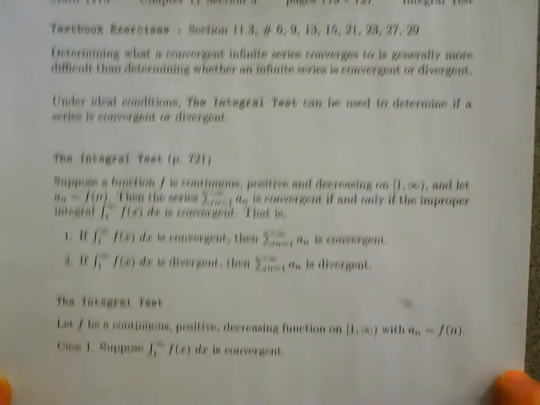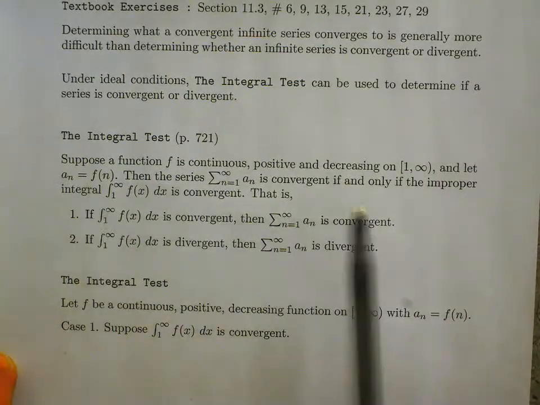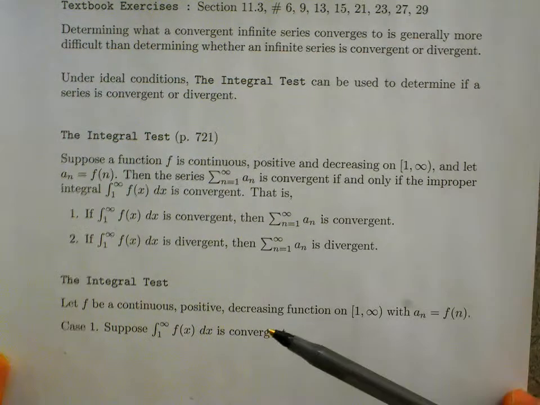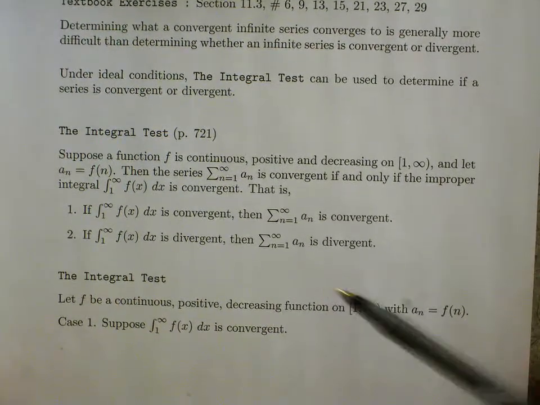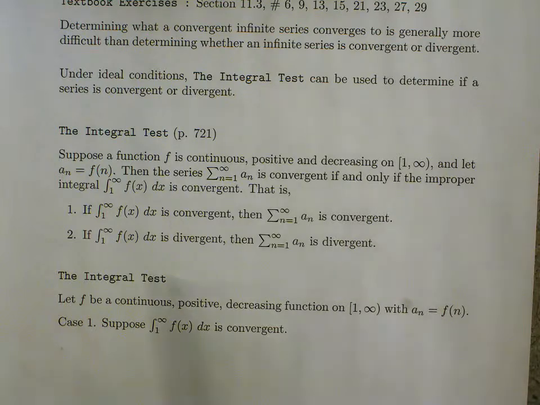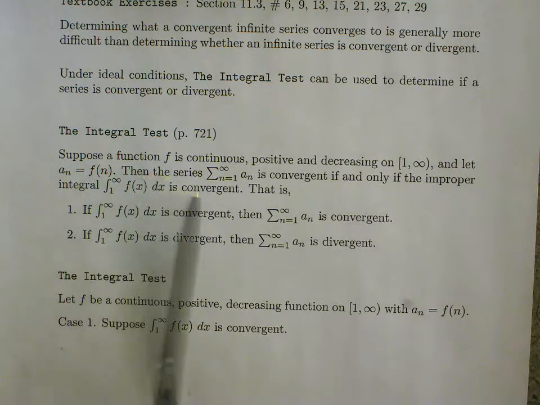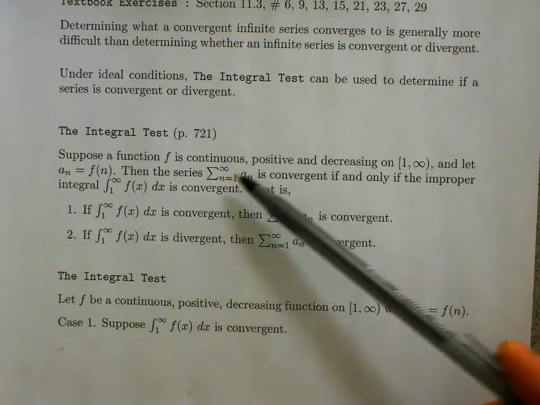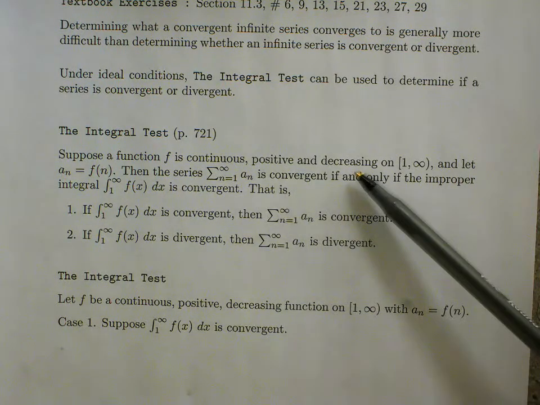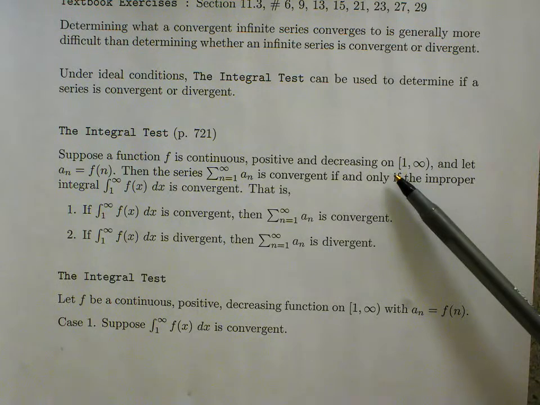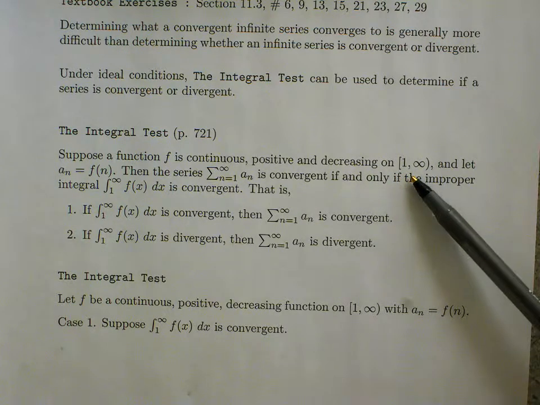So when applying the integral test, you have to make sure that certain conditions are met. Suppose a function f is continuous, positive, and decreasing on the interval from 1 to infinity.